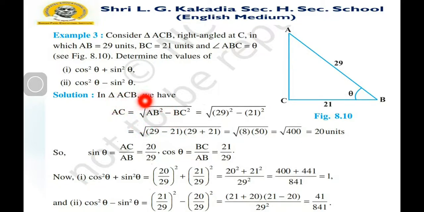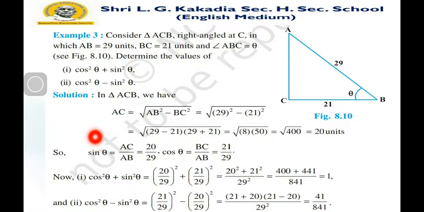After taking square root on both sides, put the value 29 square minus 21 square. We know that it is a square minus b square, that is 29 minus 21 into 29 plus 21. So 8 into 50, that is square root of 400, and it is the square of 20. So it will be 20 units.